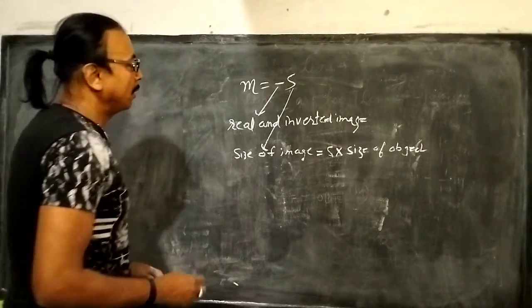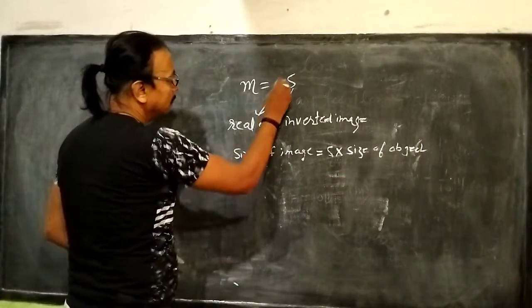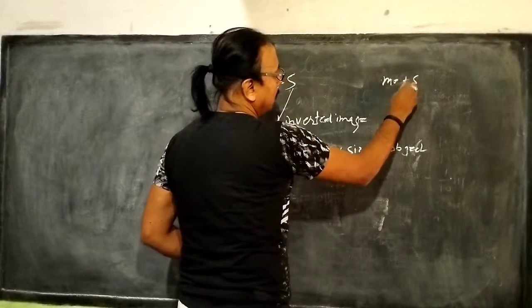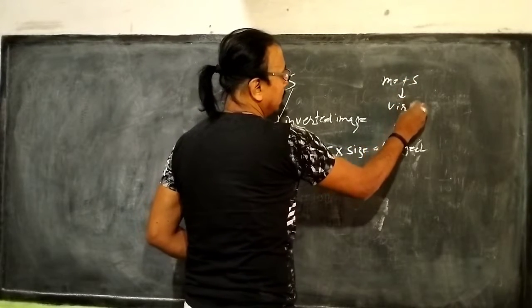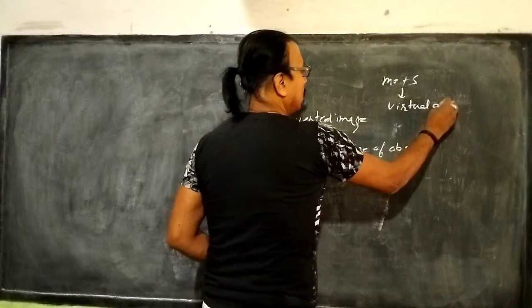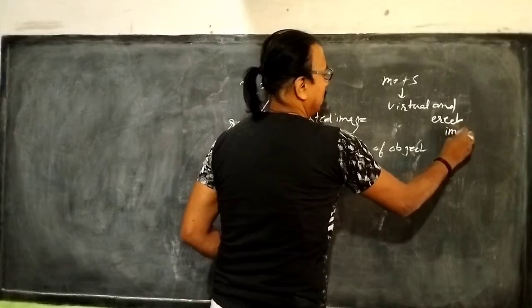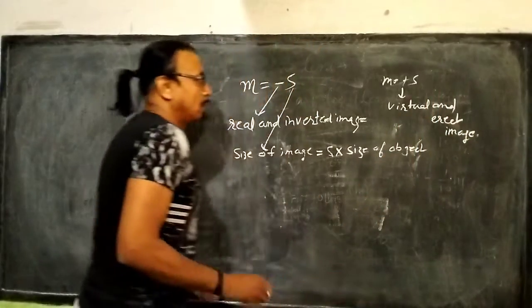Similarly for m equal to plus 5, this plus means a virtual and erect image. That's all for this topic.